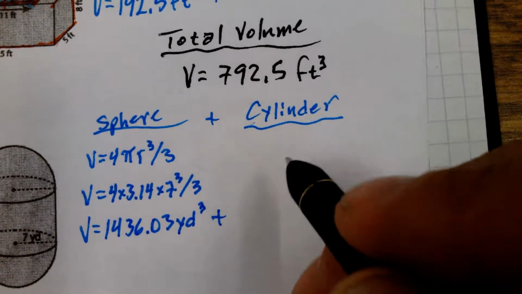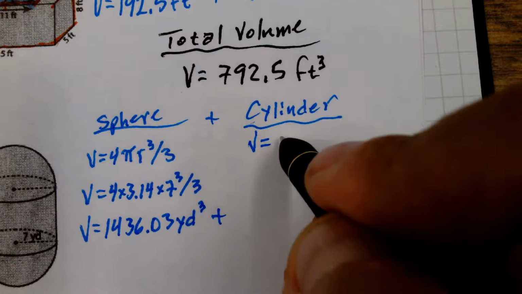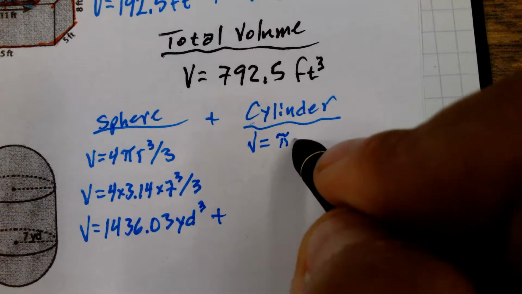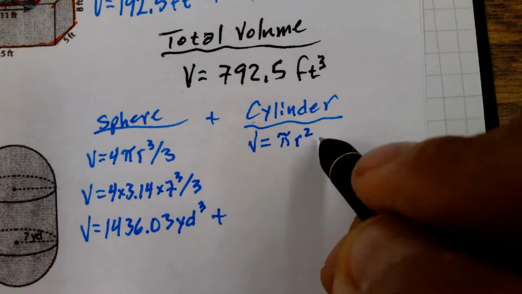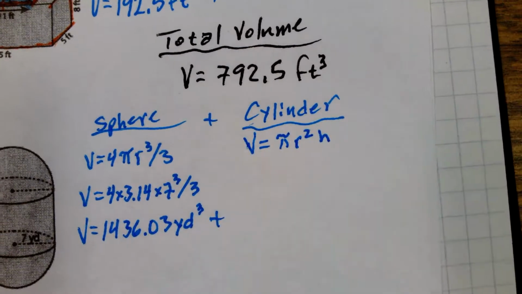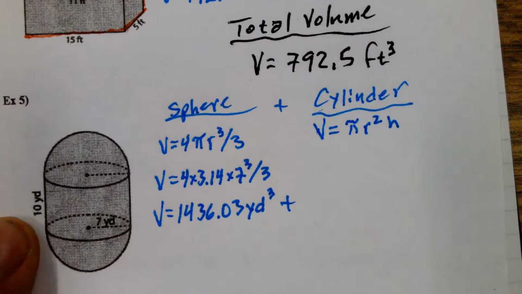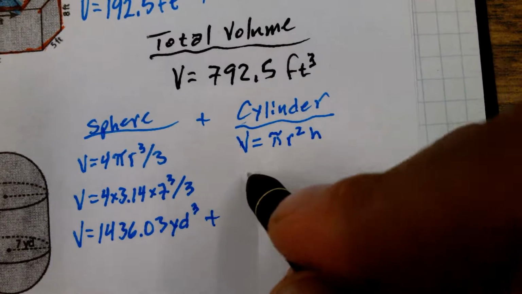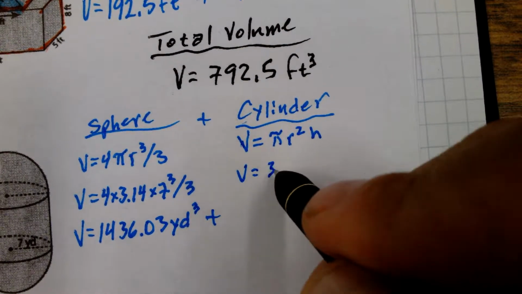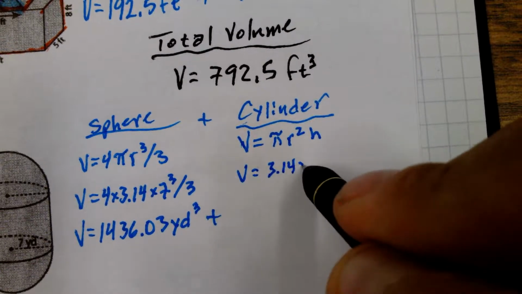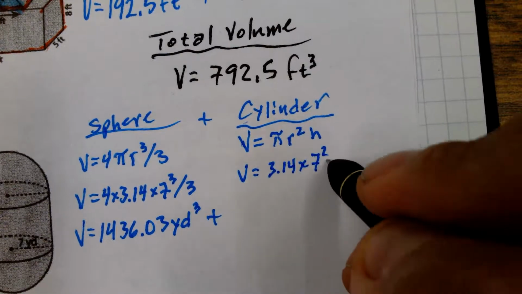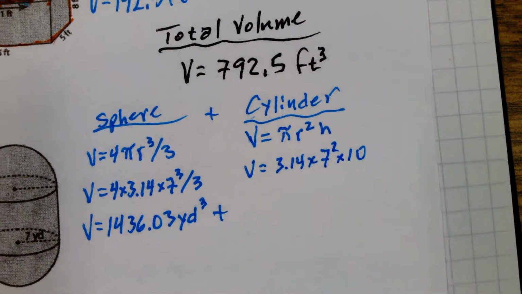All right, cylinder. That's pi radius squared times the height of the cylinder. So we do have a height of 10, and our radius is still 7. So plug all that in. We're going to do 3.14 times 7 squared this time times 10.